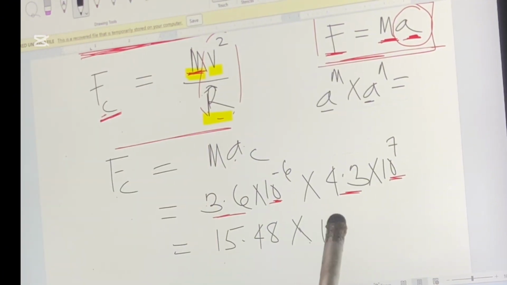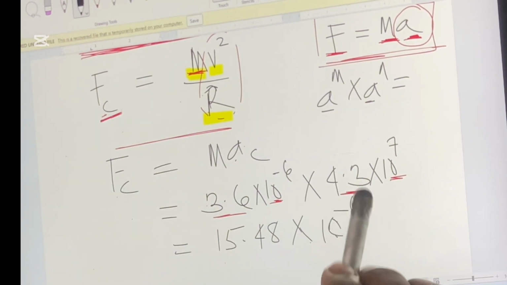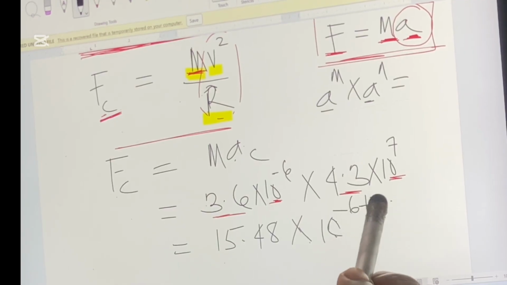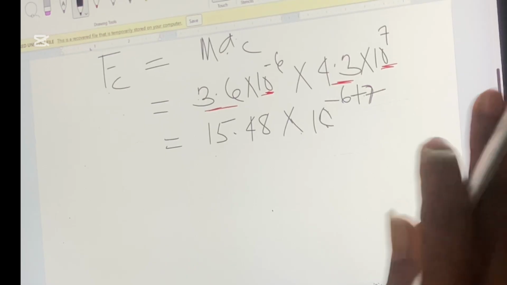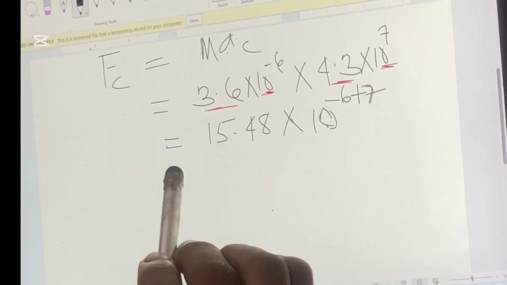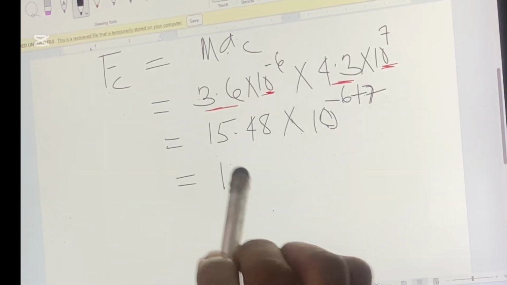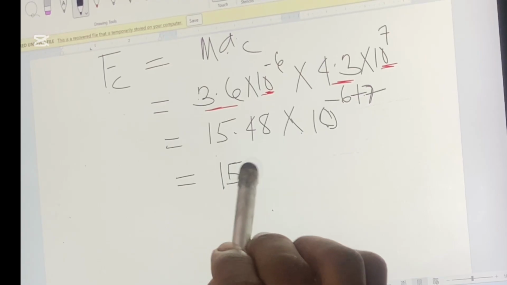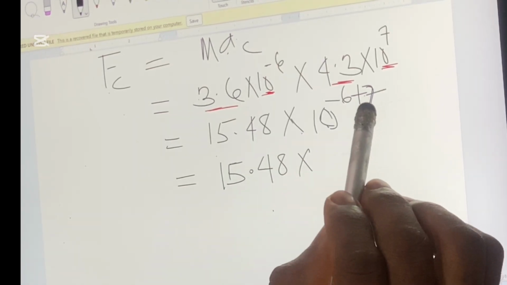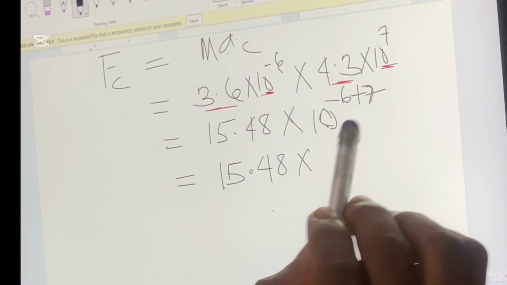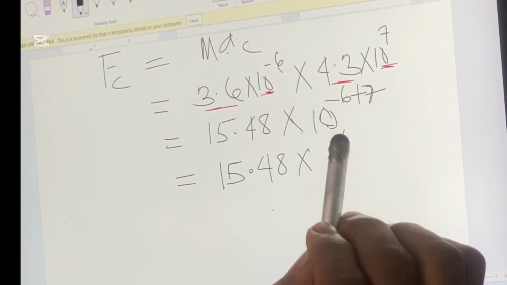Now add up their powers, this will be minus 6 plus 7. Remember? So let's simplify this, class. I will have 15.48 times 10, since minus 6 plus 7 gives us 1, that is 10 raised to the power of 1.